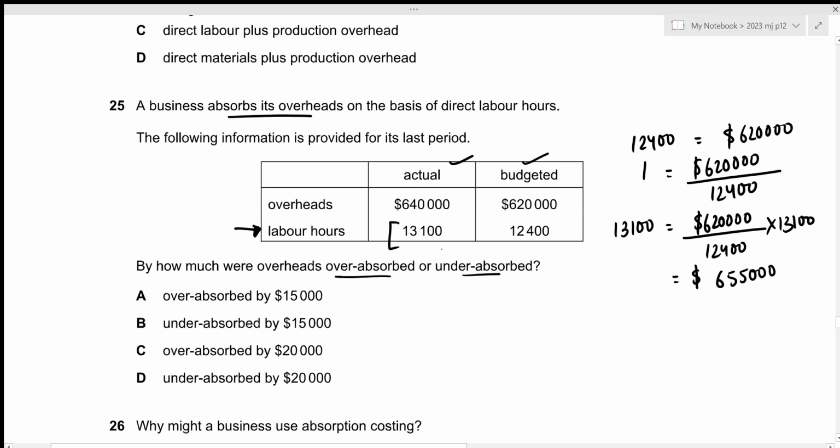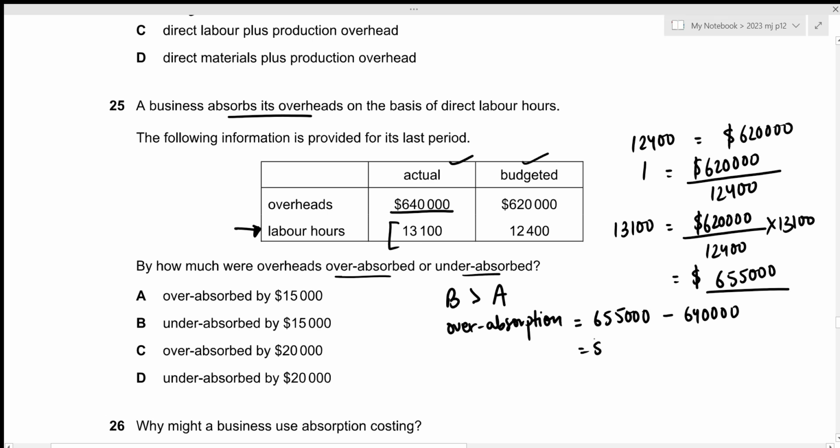Okay, so our actual overhead was 640,000, whereas the budgeted is 655,000. So clearly the budgeted is greater than the actual overhead, which results in overabsorption. And the amount for overabsorption will be the difference between the actual and budgeted amount. So that's 655,000 minus the actual of 640,000, which results in the value of 15,000. So the correct answer is 15,000 overabsorbed, which is given by option A.